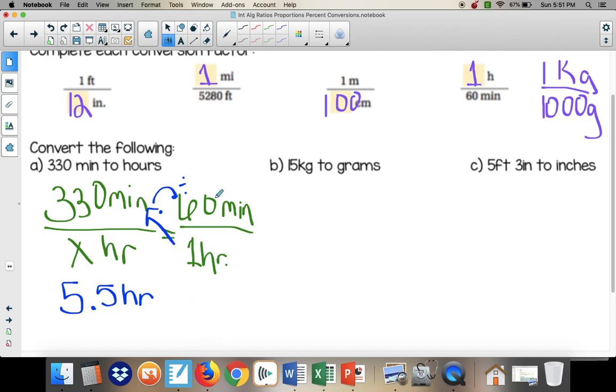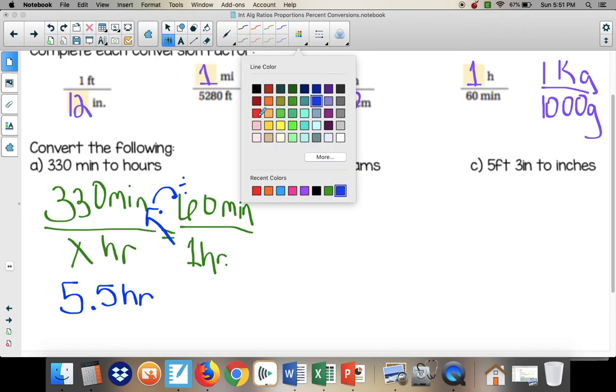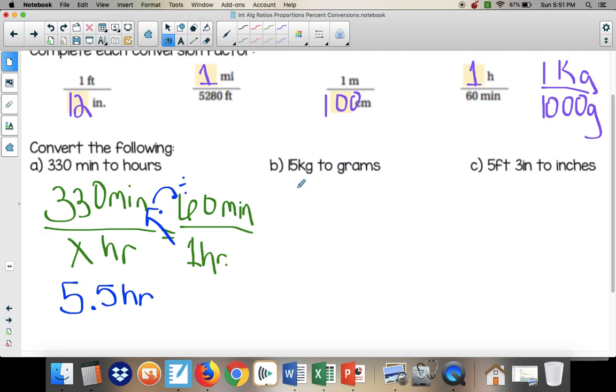Because if 1 hour is 60 minutes, then 5.5 hours is 330 minutes. So let's go to this next one. So now we have 15 kilograms to grams. So we're going to use a conversion. So I know that 1 kilogram is 1,000 grams.